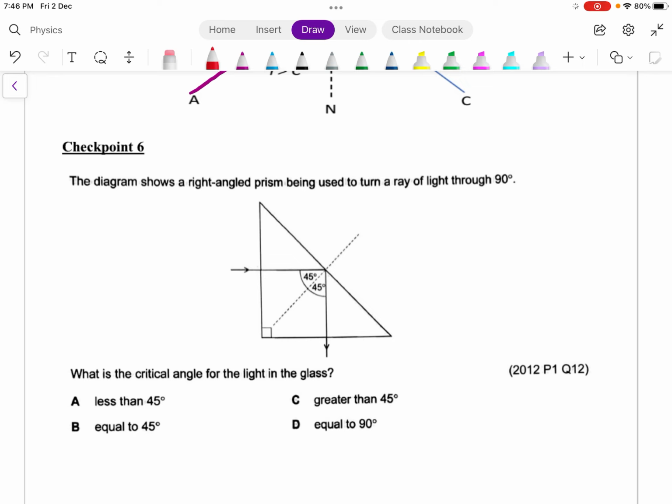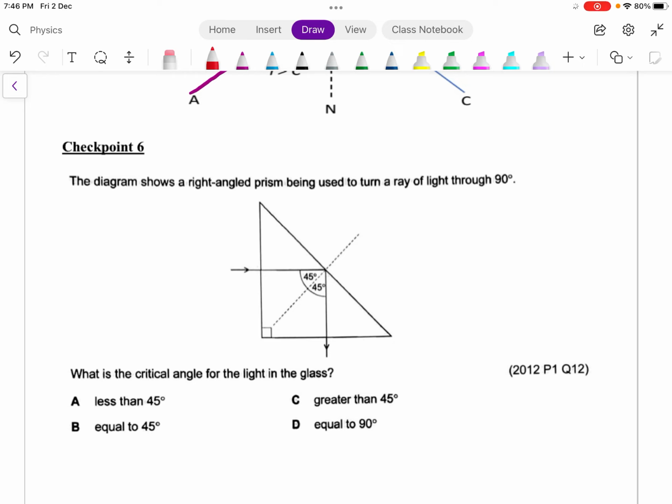Okay, checkpoint 6, let's go through. We have this diagram showing a right angle prism being able to turn a ray of light through 90 degrees. What is the critical angle for the light in the glass? It's a 2012 O-level question. Definitely you undergo total internal reflection, right?